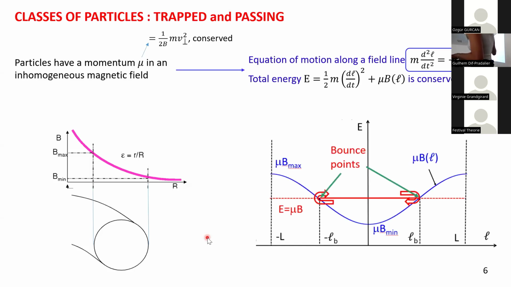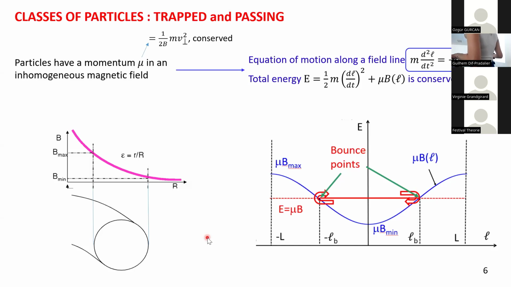If we write the equation of motion along a field line of a particle, we see that the particle feels a force which is proportional to the momentum mu and the gradient of the magnetic field along the field line L. The total energy is conserved. You will understand then that there will be some particles with an initial velocity which will not be enough to climb up the magnetic well.